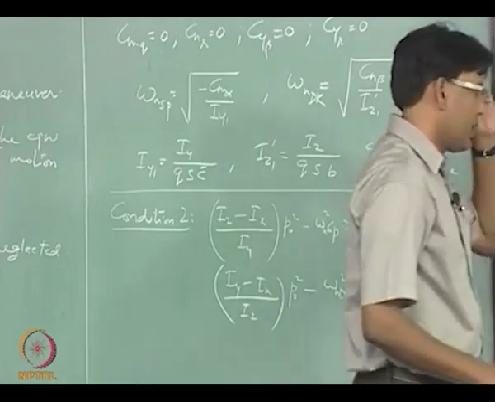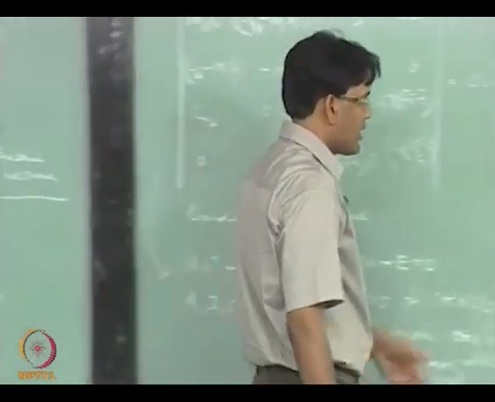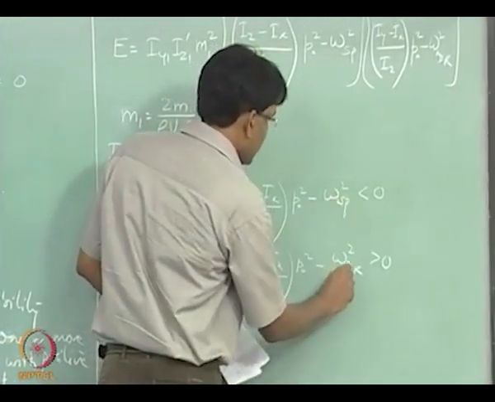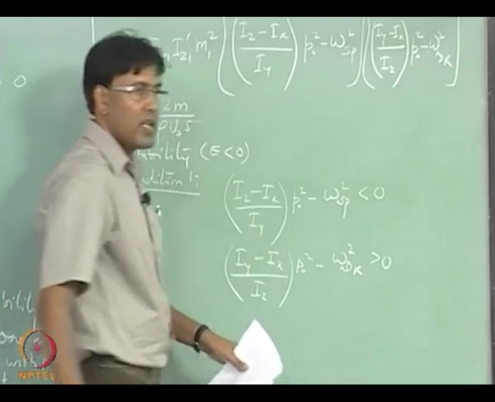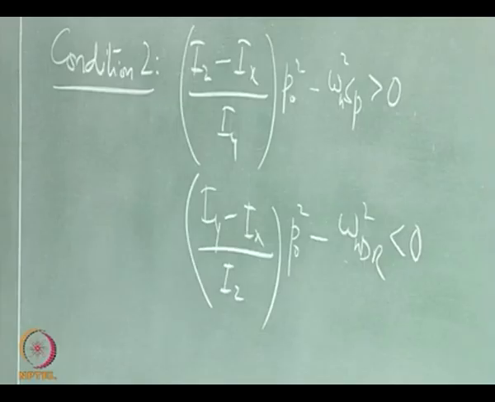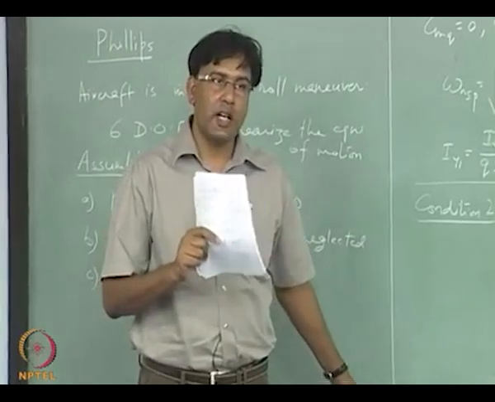And you look at the parameters that are involved. Parameters involved are inertia terms and the frequencies of short period mode and the Dutch roll mode, right. Rolling maneuver is considered to be a fast maneuver, okay. And the instabilities are mainly due to inertia coupling terms.